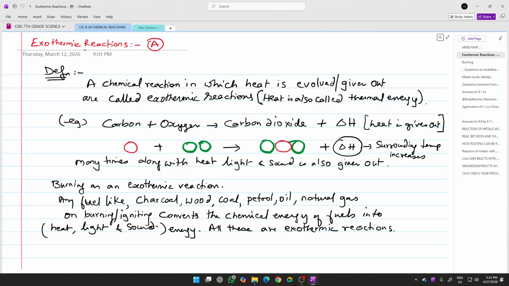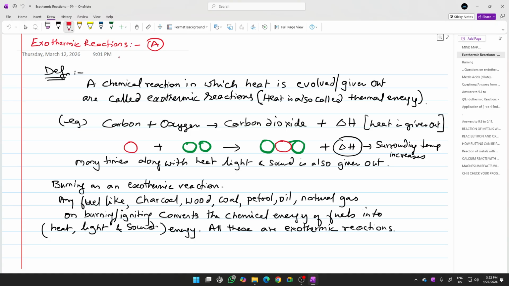In this session, we are going to start with the definition of an exothermic reaction. Any chemical reaction taking place can broadly be of two types.